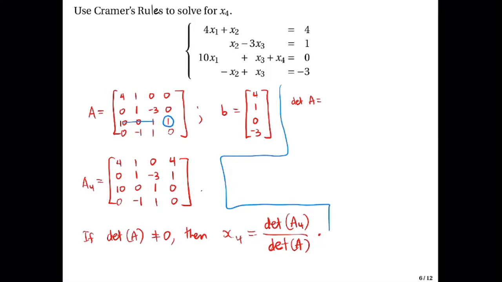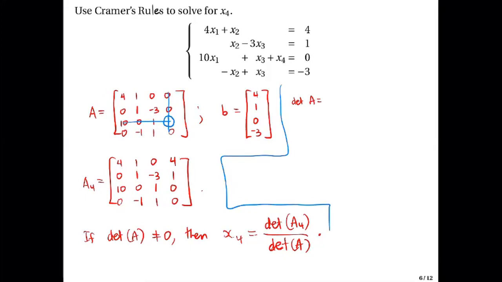And then we'll delete this row and this column. So we will have 1 times negative 1 raised to, so this is 1, 4, 2, 4, and then 3, 4 here.